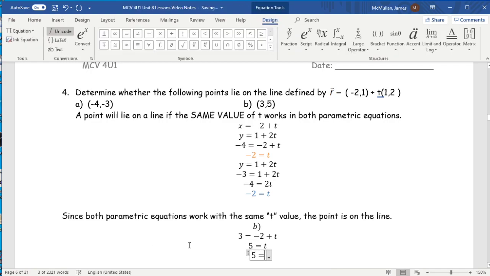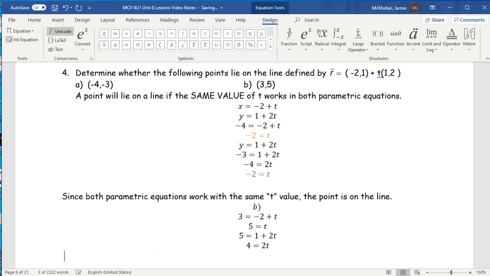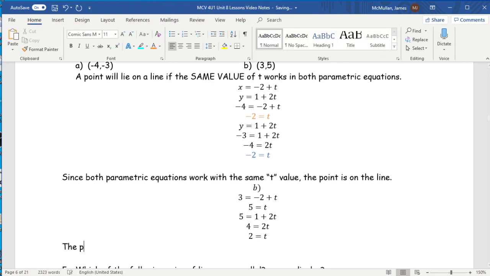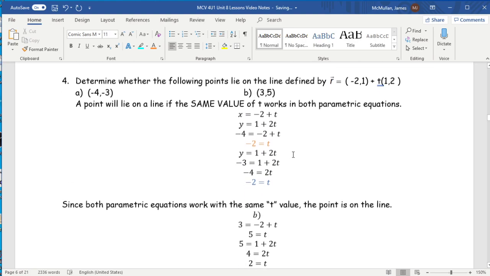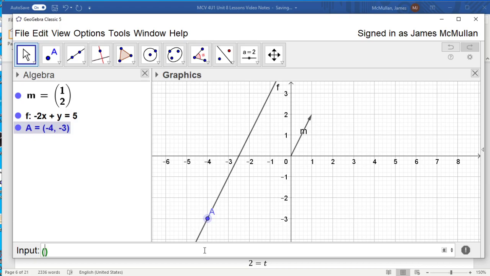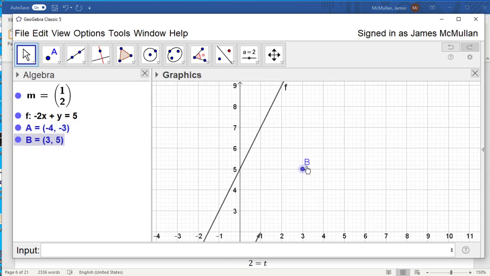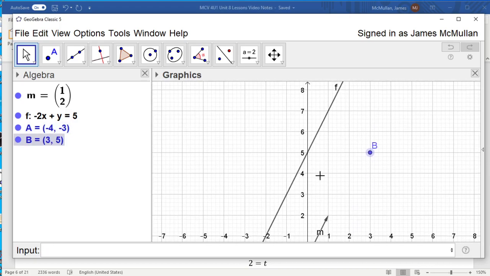For the y-coordinate, it's a 5. 5 equals 1 plus 2t. 4 equals 2t. 2 equals t. So the values of t do not agree, so the point is not on the line. And again, I should be able to sketch 3, 5 on my diagram here, and it's not there. It does not match up with the line.